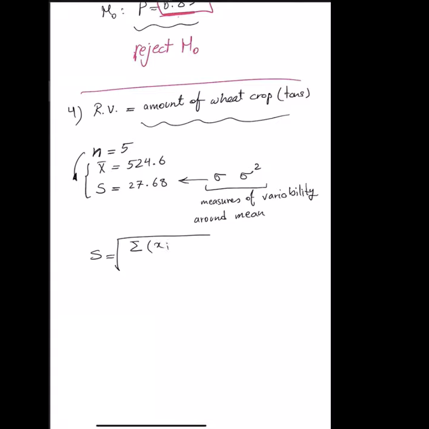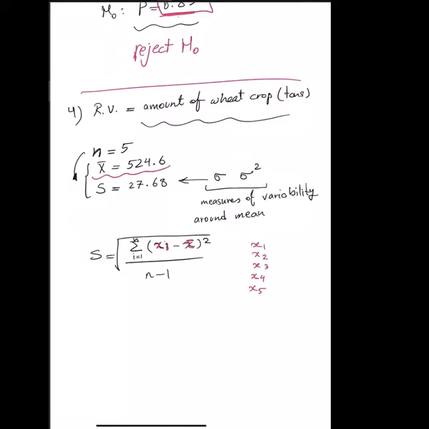It is the sum of (xi minus x bar) squared, i from 1 to n, divided by n minus 1. So here, xi basically is any one of your samples. Here you have 5 samples, so you have x1, x2, x3, x4, x5. X bar is the average of your sample, which you already have calculated, is 524.